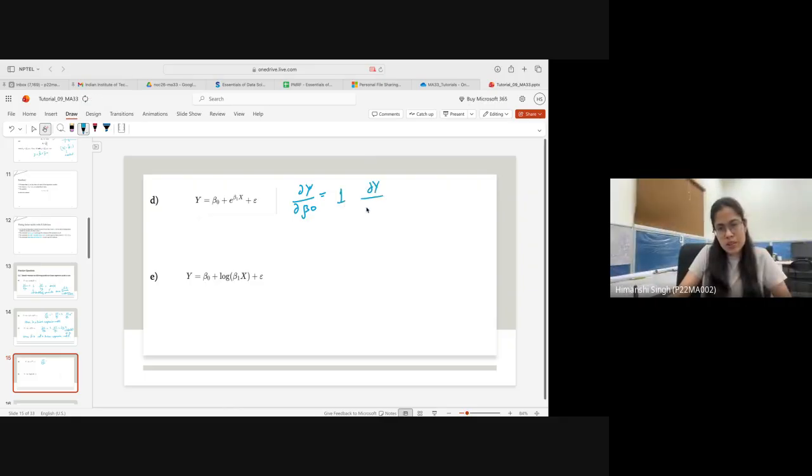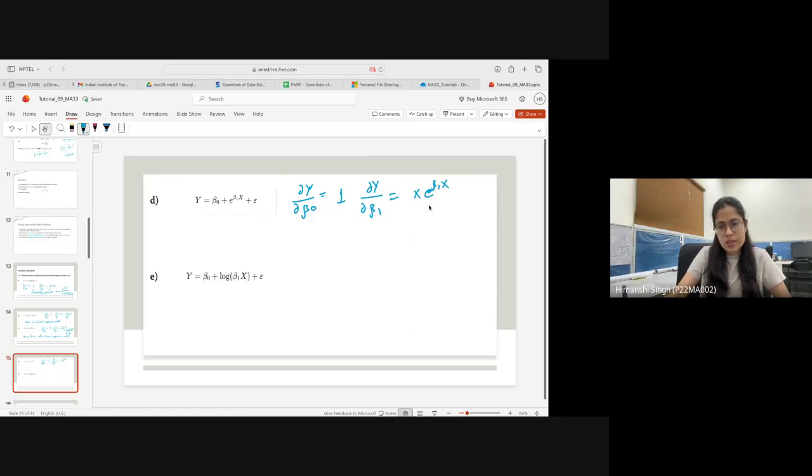With respect to beta 1, it is 0 for the first term. For e to the power ax, the derivative is a times e to the power ax, so differentiating with respect to beta 1 gives x e to the power beta 1 x.